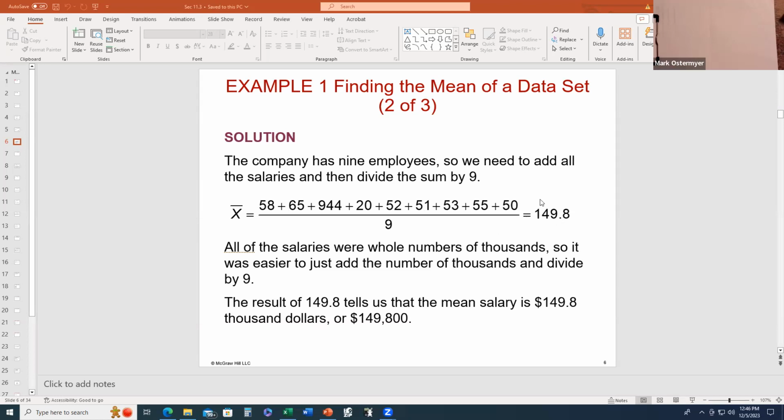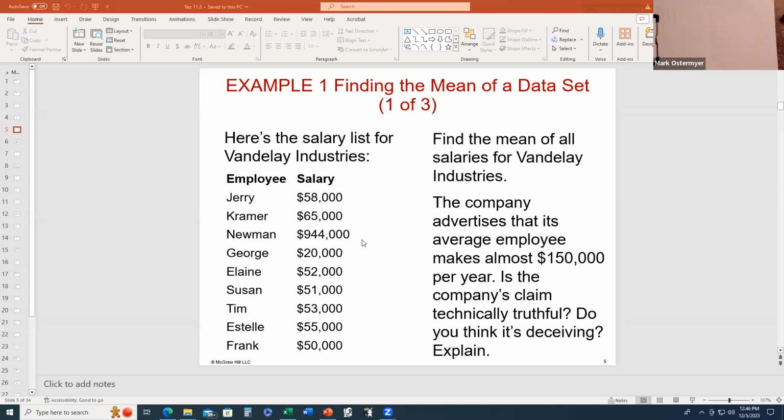All right. So the mean salary again is $149,800. I have a question for you. If you look at that average, which is pretty close to $150,000, is that mean salary, $150,000, indicative of all the salaries in general of our employees?